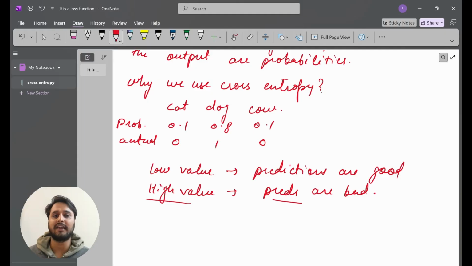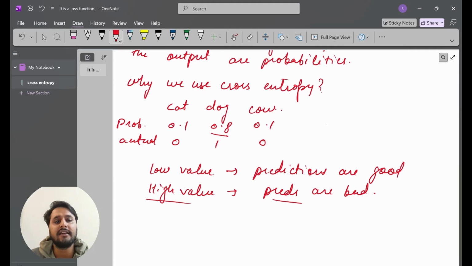For example, in this case, dog is getting 0.8 probability. It means the model is 80% confident that the true class is dog. So it is considered a good model. But what if this probability is around 0.2?